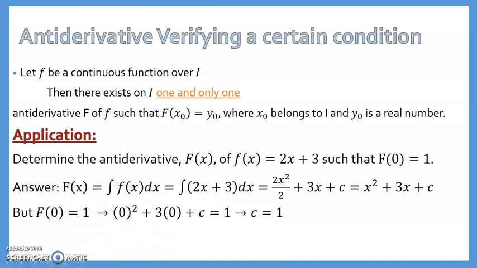It means that you replace x with 0, so you get 0 squared plus 3 into 0 plus c is equal to 1. This is 0 and this is 0, so you get c is equal to 1. So the antiderivative now is x squared plus 3x plus 1.